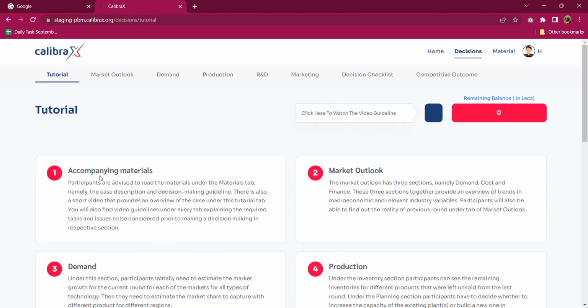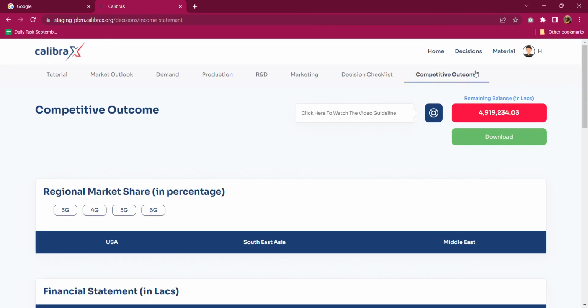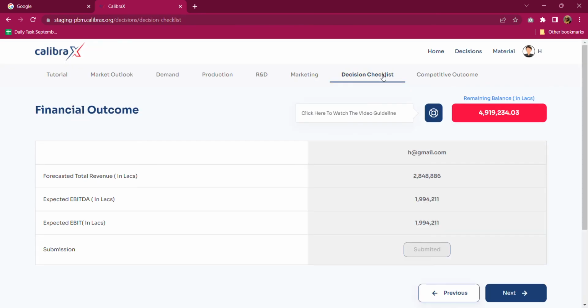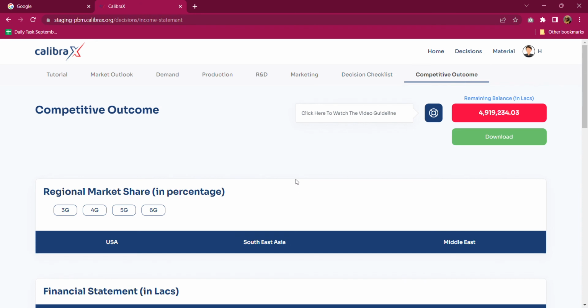After the teacher evaluation, following the decision checklist and the financial outcome we have submitted, we will have a new tab called competitive outcome. A participant can have a look at the competitive outcome of the round once the course teacher has evaluated all the teams' decisions.